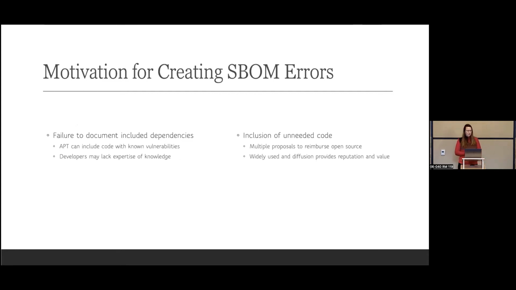Well, advanced persistent threat actors, I cannot say that three times fast, can include code with known vulnerabilities if they get it out of the SBOM and you won't know to patch it. Developers simply lack expertise. They're developers. They're not org theorists. And inclusion of unneeded code, which I talked about quite a bit just now.